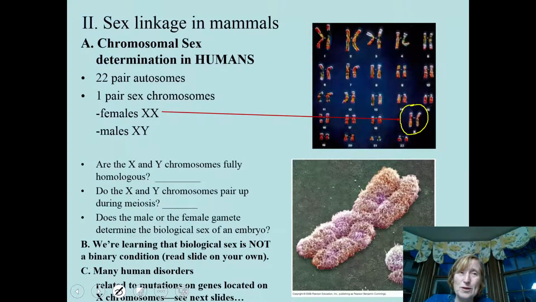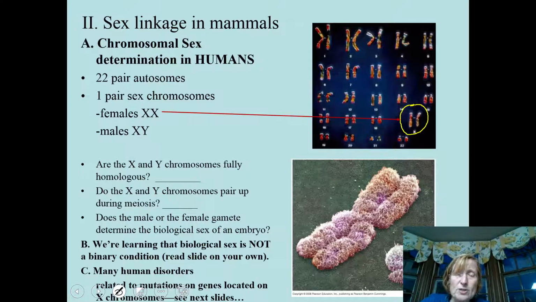Okay, that's fruit flies. What about sex linkage in mammals? Let's check it out. So, do mammals have sex-linked traits? Absolutely. Let's look at humans. We're looking at a karyotype on the right of a human that has 22 pairs of chromosomes that are just called autosomes because they're the same in males and in females.